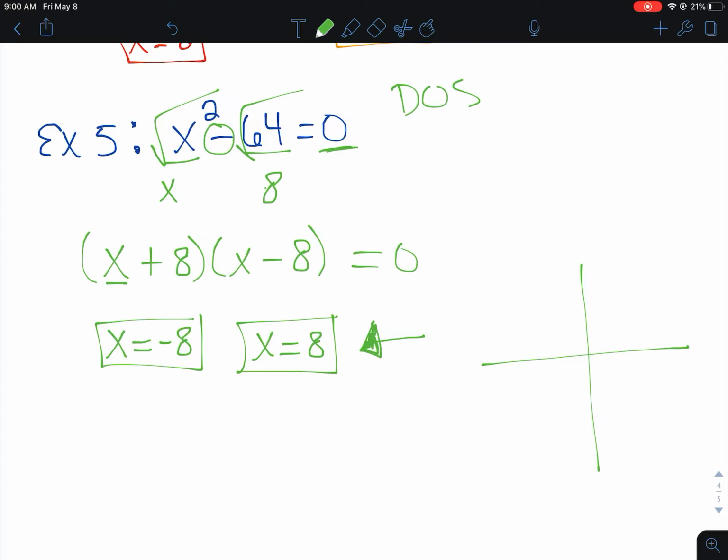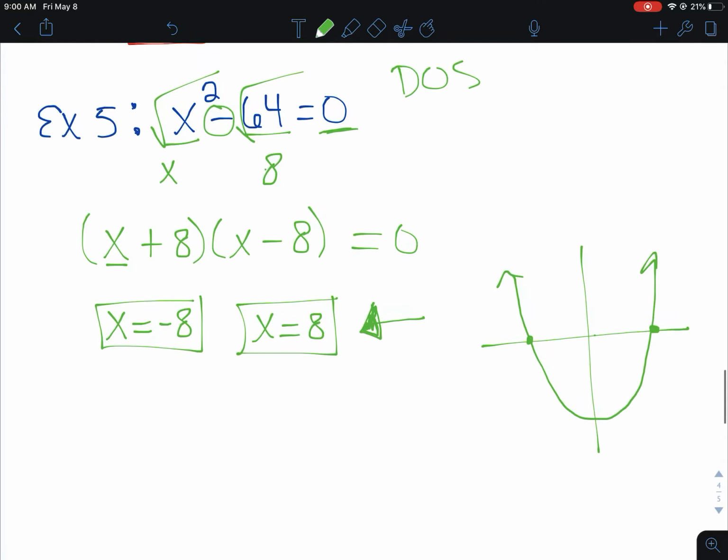But anyway, those are my two zeros. So on the graph, negative 8, positive 8, and when the graph faces up, it would look just like that.